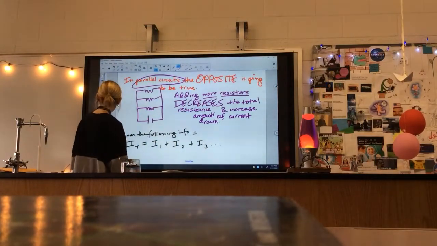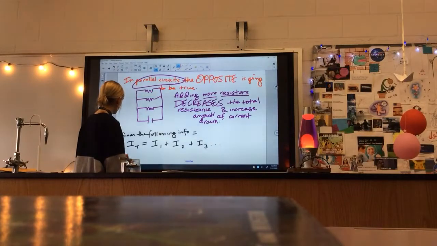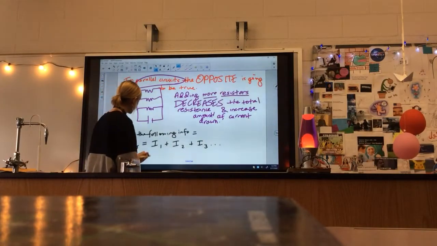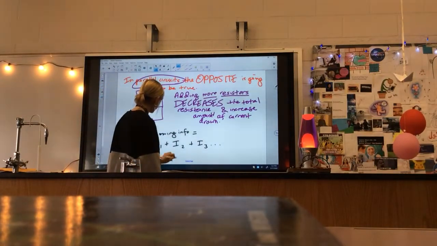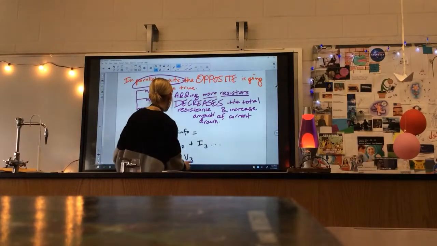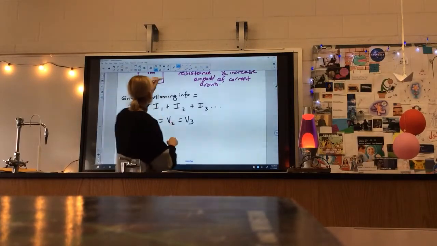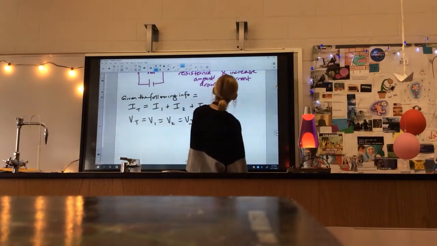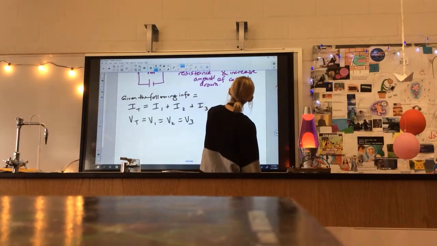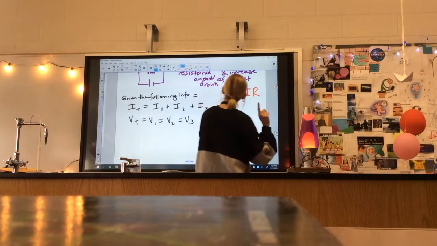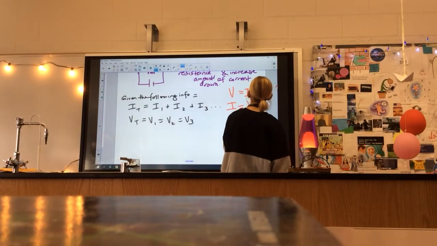And V total equals V1 equals V2 equals V3. If I substitute in Ohm's law, V equals IR, in other words, I is equal to V over R.